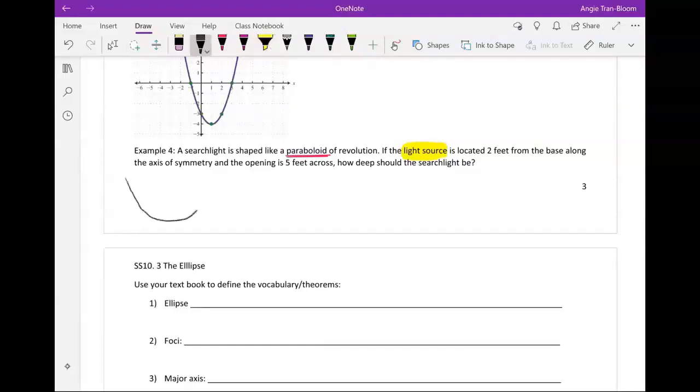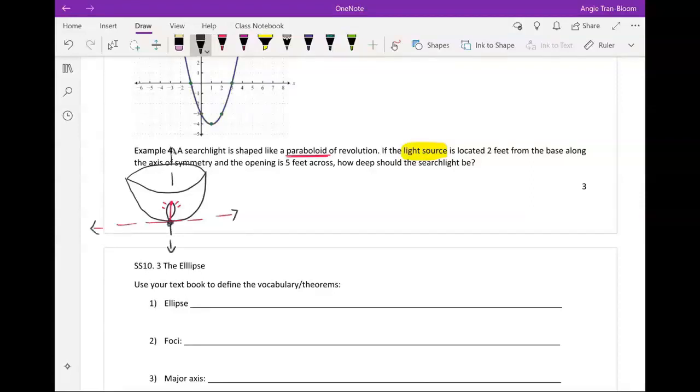And a flashlight, I'm going to try my best to draw it for you, okay? Here's sort of, and there's a light bulb somewhere in the bottom, and we have a light source. So that's a light source. Now the light source is the focus from the base. So if I make the base, we're going to make the base at the origin because it's just the easiest location.